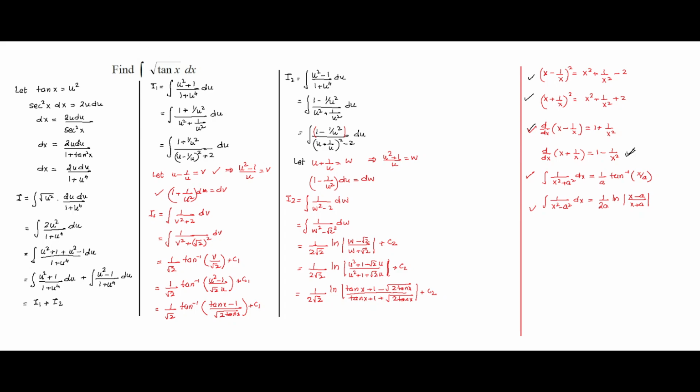And so on the whole, the complete solution for square root of tangent of x will be I1 plus I2.